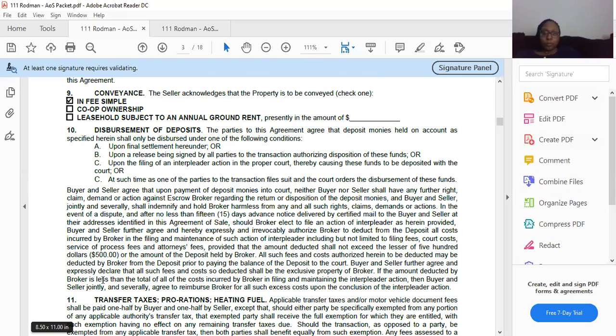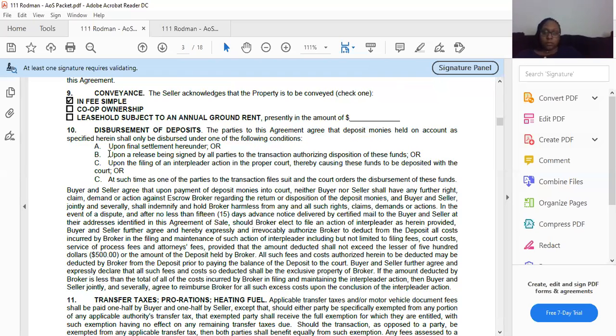Exactly. Section 10 talks about the disbursement of those deposits. So again, I'm not going to really get into every one, but this is what we were talking about when you have a lot of skin in the game. If your buyer has a big deposit, the funds will either be released upon settlement, meaning you get to the closing table, and the funds being held by our office escrow account are then transferred to the attorney's escrow account.